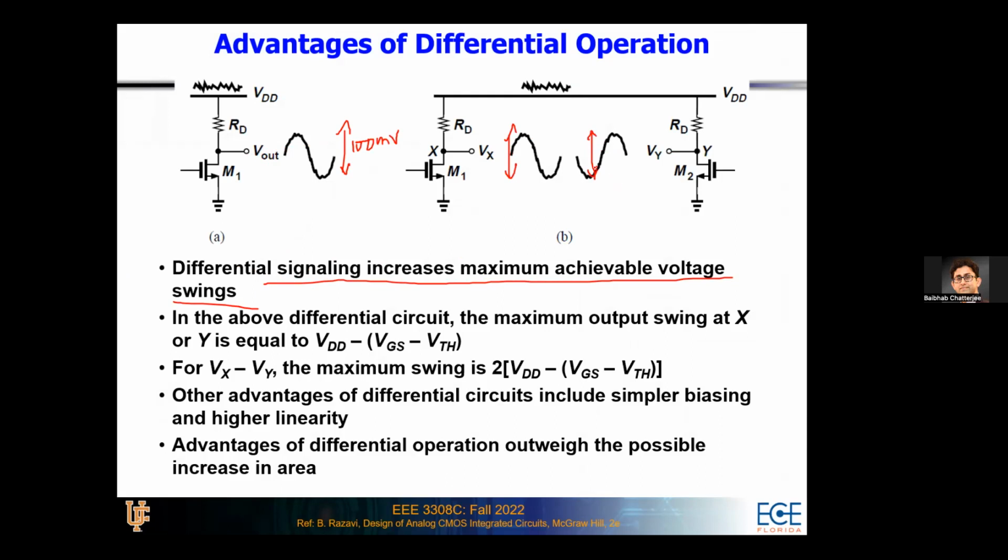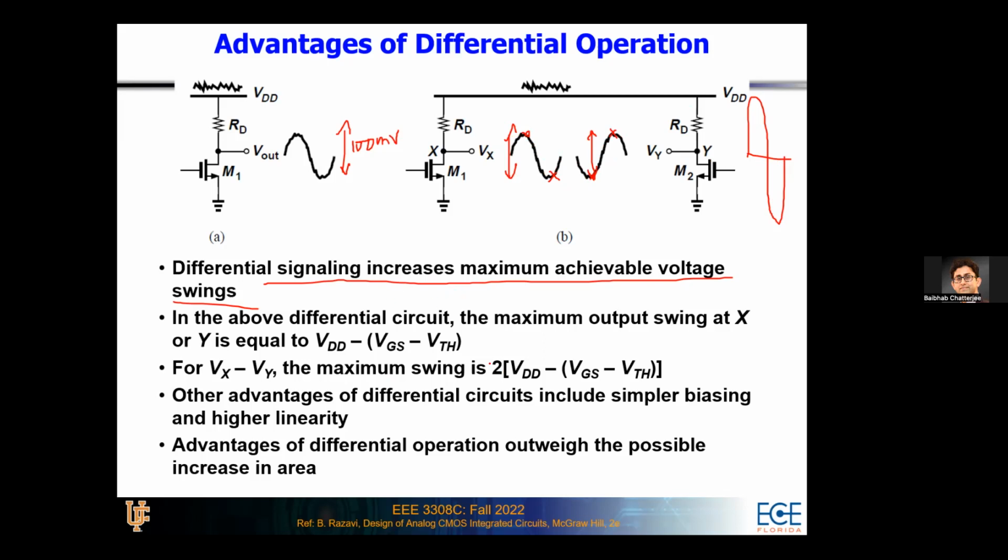So when you take the difference of the two signals, as they are 180 degrees out of phase, the final output signal becomes 200 millivolt peak to peak. Because when this is at the peak, this is at its bottom, and when this experiences the trough, this is at the peak. So the final output signal will be 2 times as large as any of the individual signals.